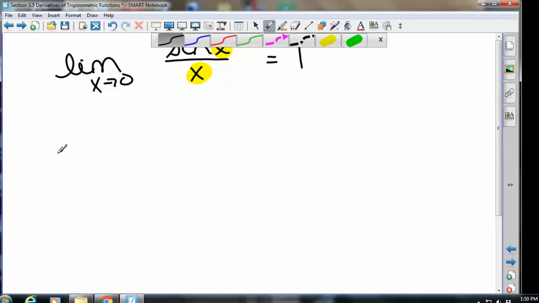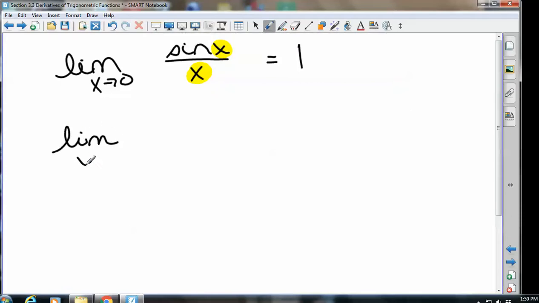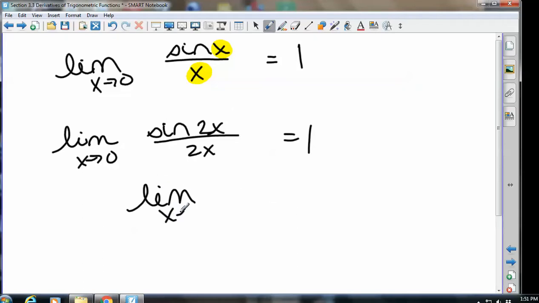So for instance, the limit as x approaches 0 of sine 2x over 2x is also going to equal 1. If those match and they're going to 0, then it would work. It's not going to work for sine of x plus 2 over x plus 2, because that's approaching 2, not 0.